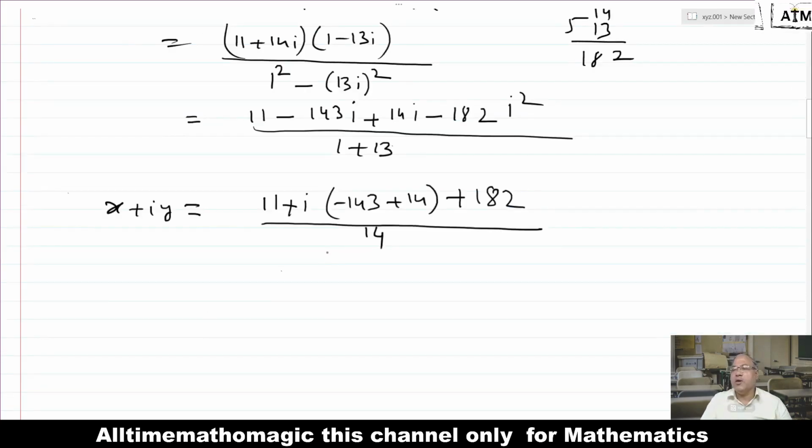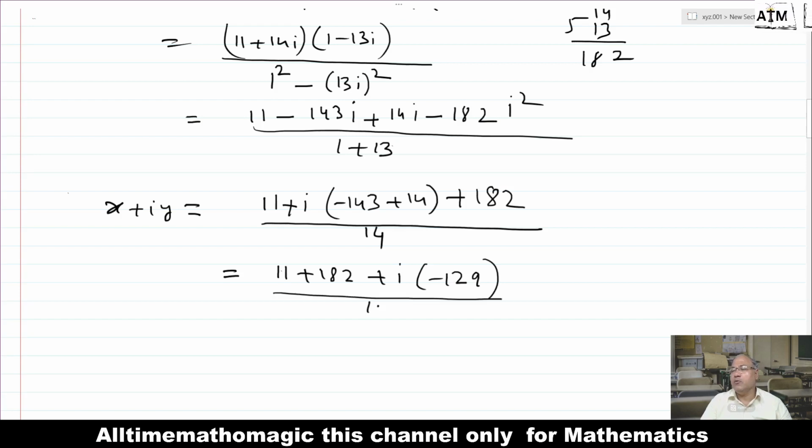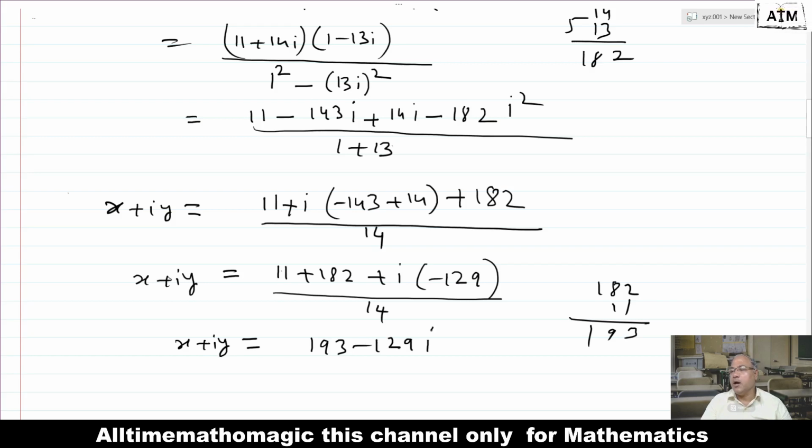Therefore x plus iy equals 11, i taken common here, that is 11 plus 182 plus i times minus 129, upon 14. This is x plus iy. So x plus iy equals 193 minus 129i upon 14.